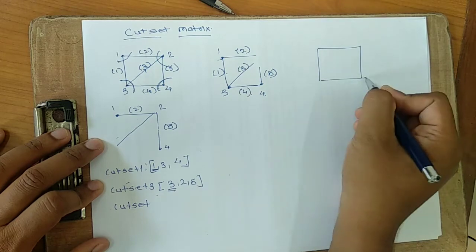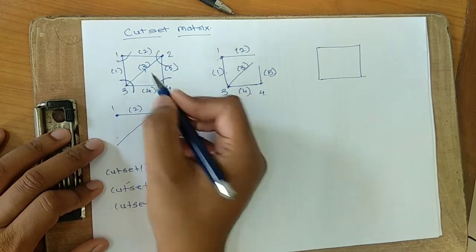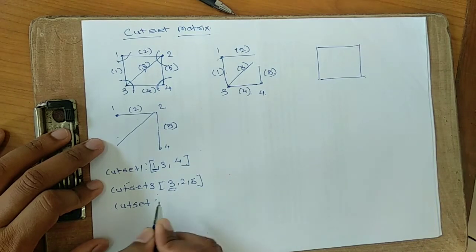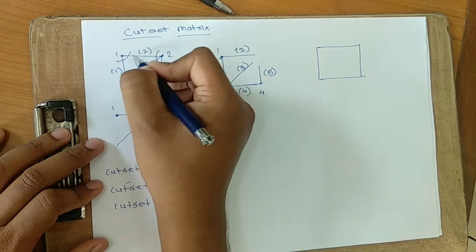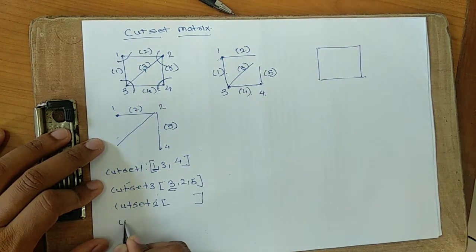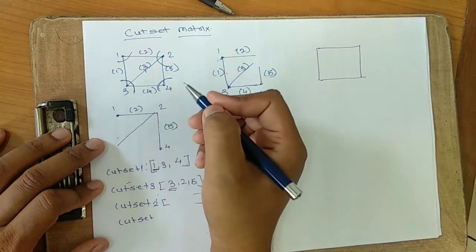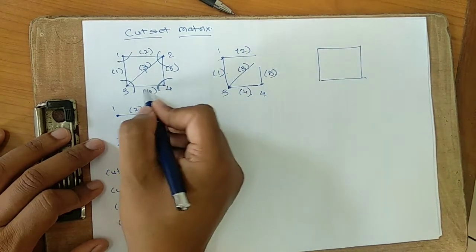How many cut sets have we found right now by separating one node at a time? That is 4 cut sets. I will give this name 1. If I am separating this node, I will give this name cut set 2. If you are separating node 4, then I will give this the name cut set 4, due to this branch 4.